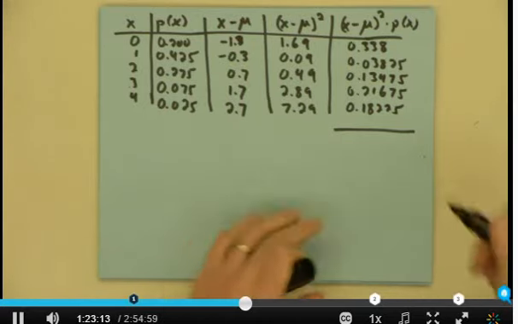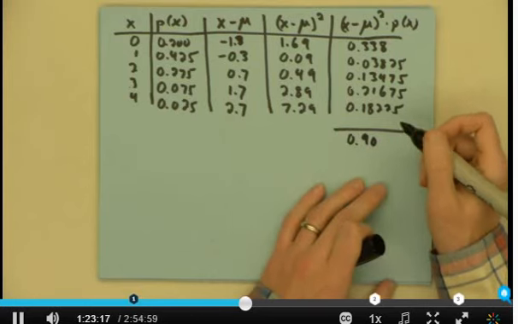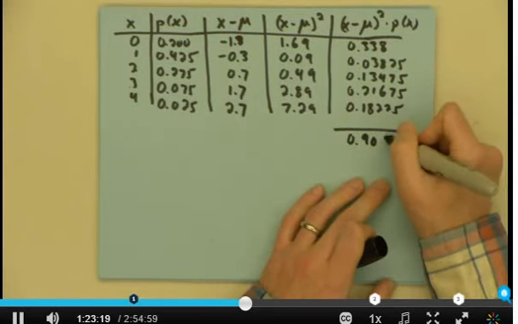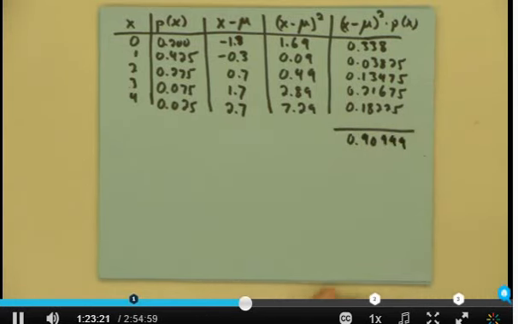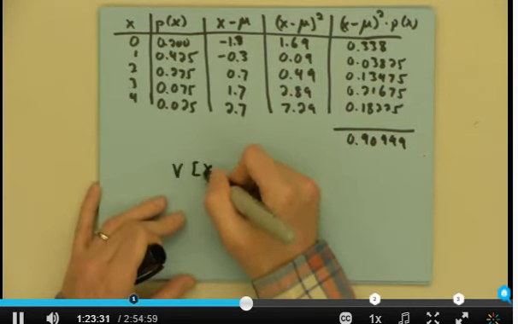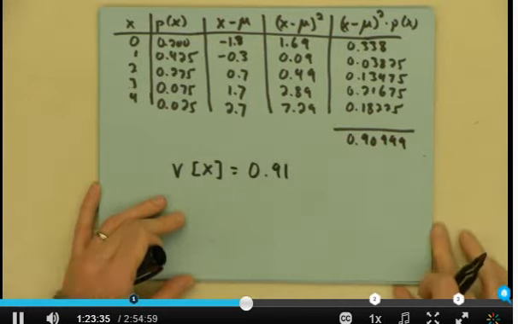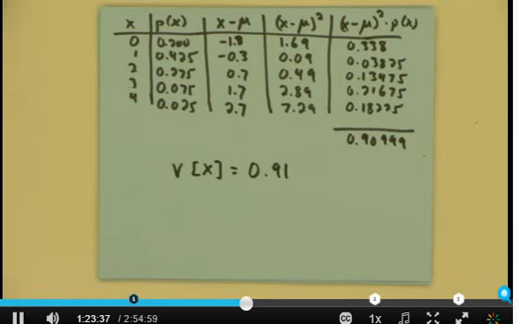When I add them together, I get 0.90999. Okay. That's essentially 0.91. In fact, if I round to any number of decimal places, that's what I'll get. But the variance is 0.91.